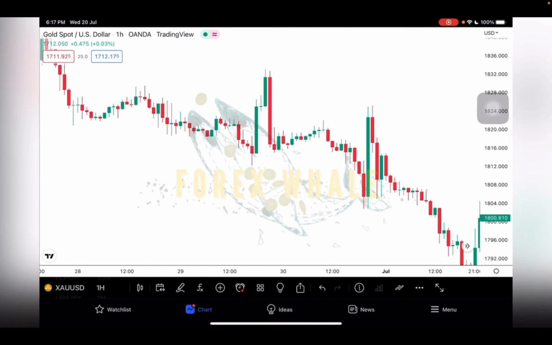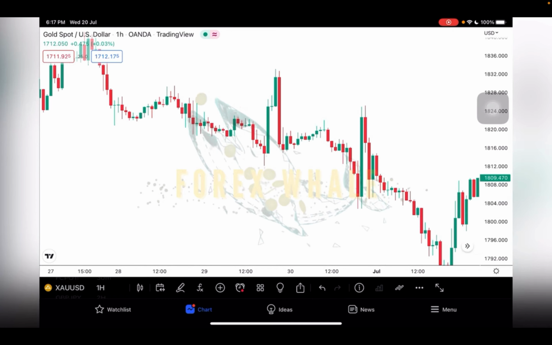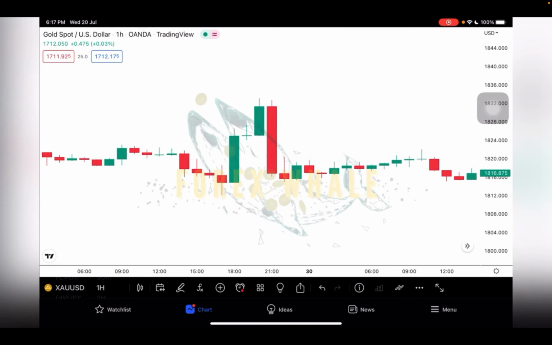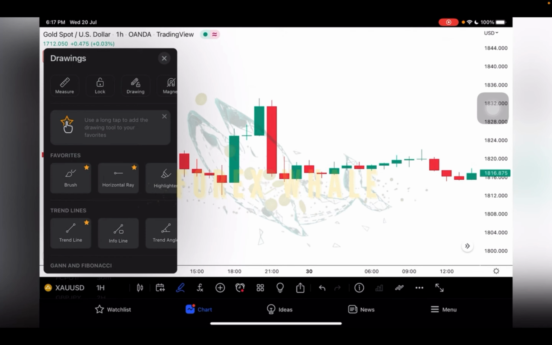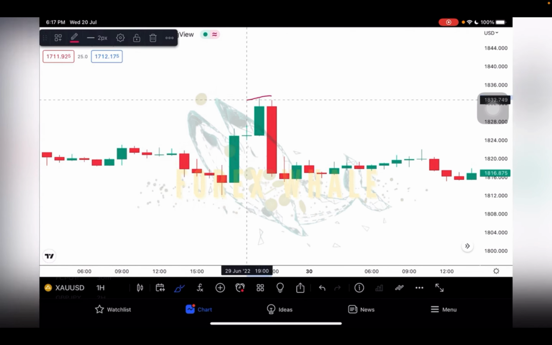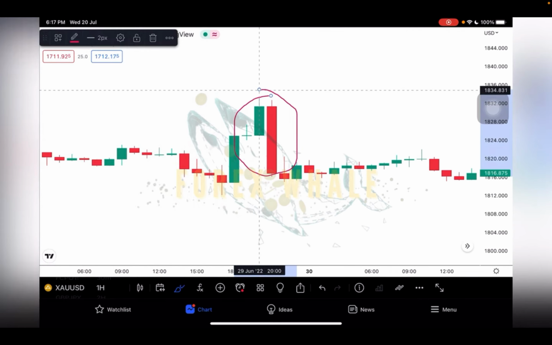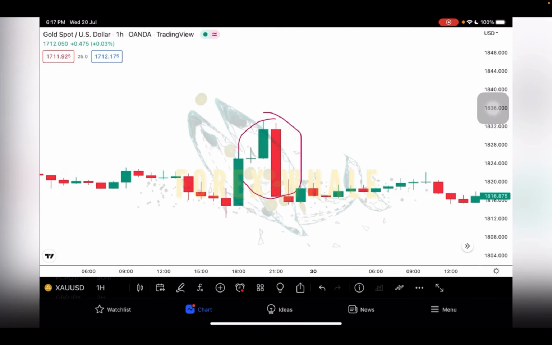So here's another example. As I've mentioned also, usually this bearish engulfing or bullish engulfing will be at the very peak or at the very bottom. As you can see here, this is a formation of a bearish engulfing.